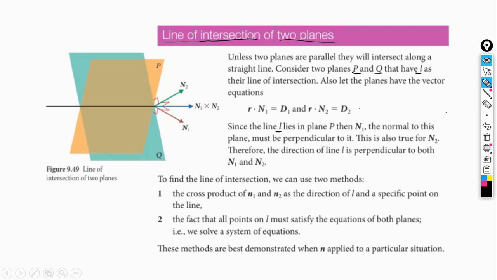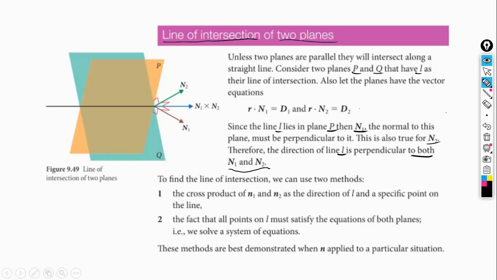Since line L lies in plane P, then n1, the normal to this plane, must be perpendicular to it. This is also true for n2. Therefore, the direction of line L is perpendicular to both n1 and n2.